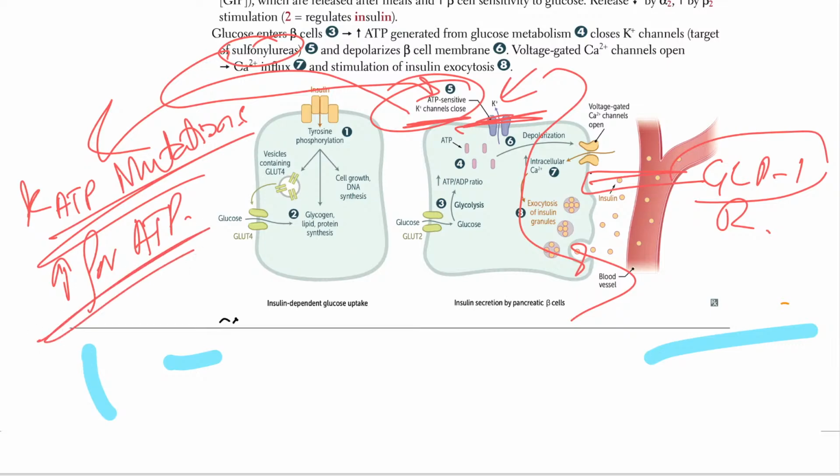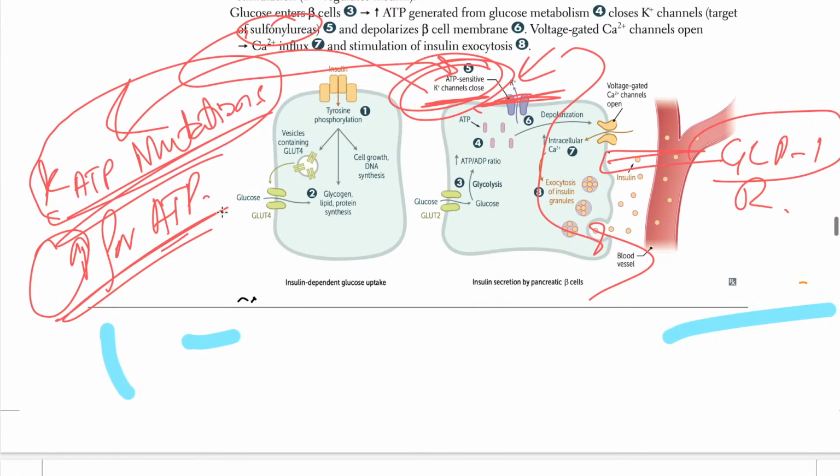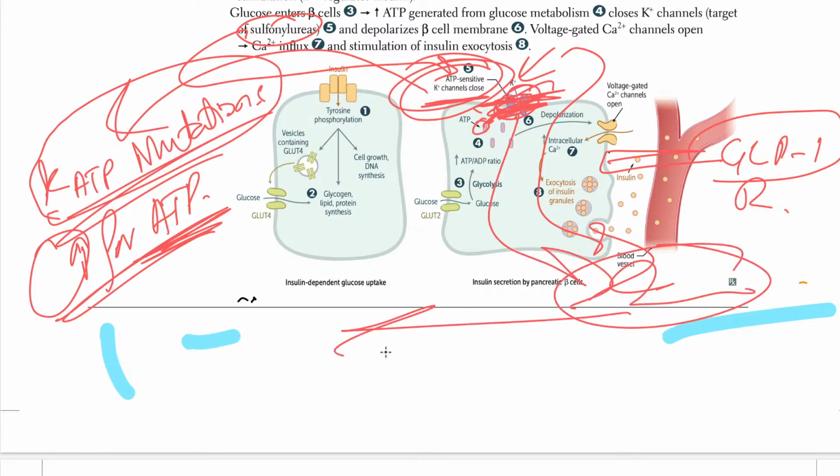Okay, again, let's step back and understand what I just talked about. There are two mutations in the potassium channel ATP mutation. One mutation is that it's going to increase the sensitivity for ATP, meaning these channels are more sensitive to ATP, meaning once ATP gets bound to this, they will close. When they close, what's going to happen? You have more insulin release. With more insulin release, guess what's going to happen?